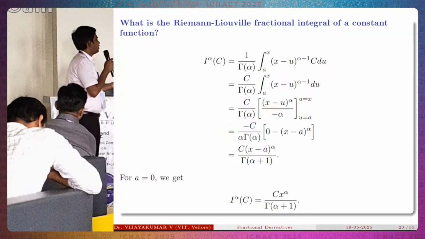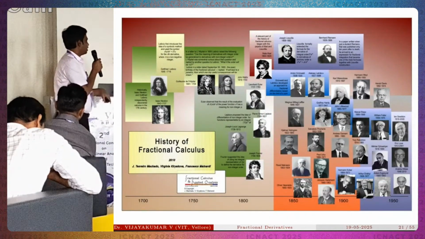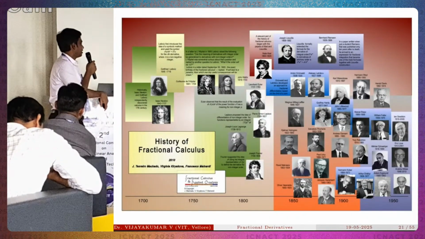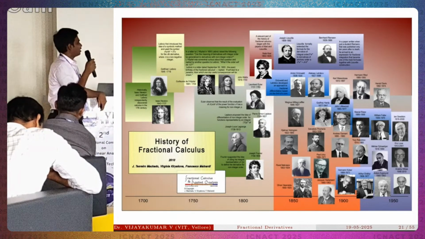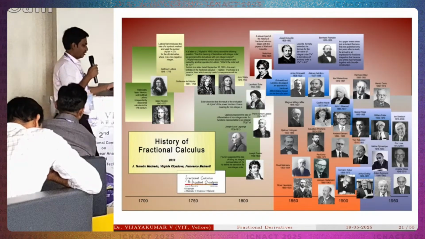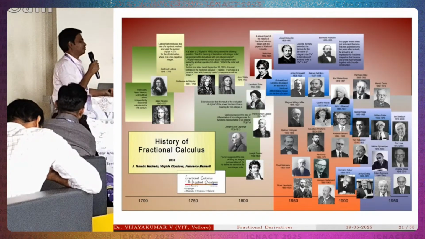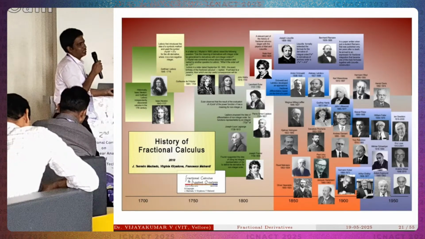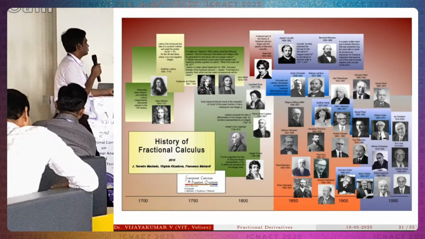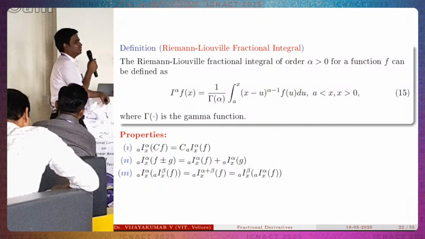Those who contributed to fractional calculus, you can find from 1700, some 1750, up to 2055. There are so many persons contributing their level best in fractional calculus. So this is the result.